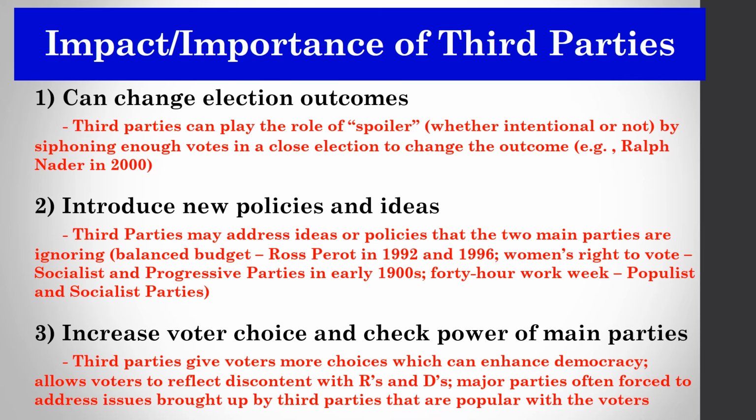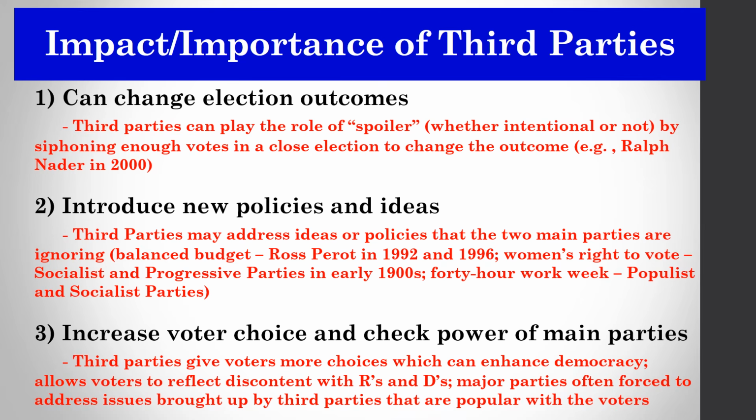ripe territory or fertile ground for the two major parties to pay attention to that and then co-opt that message. So sometimes the two major parties realize that the third parties are onto something, and they're like, oh, okay, yeah, we're for that too. And indeed incorporate it into their platform in order to attract those voters.